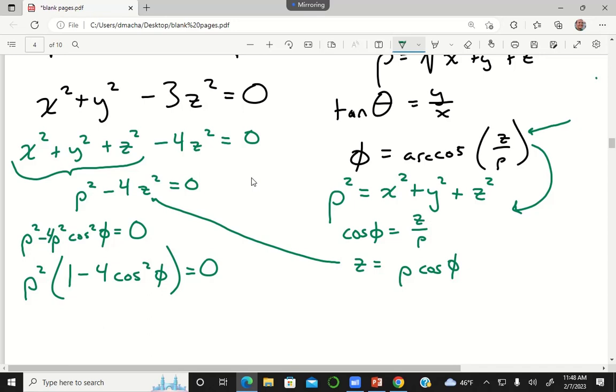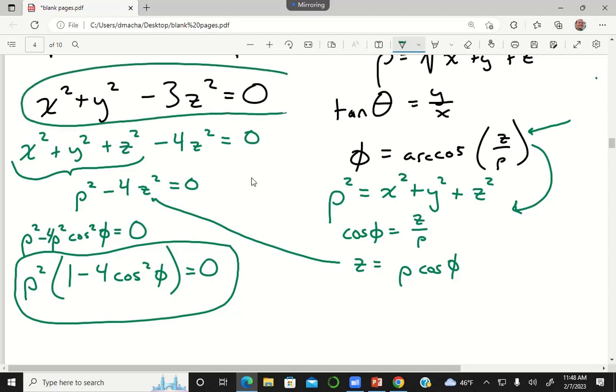I guess you can't really simplify that. Anyways, this equation should be describing the same set of points in space as my original equation right here. The original equation described this surface in space with x, y, and z, and my new equation says you can describe that with just rho and phi.